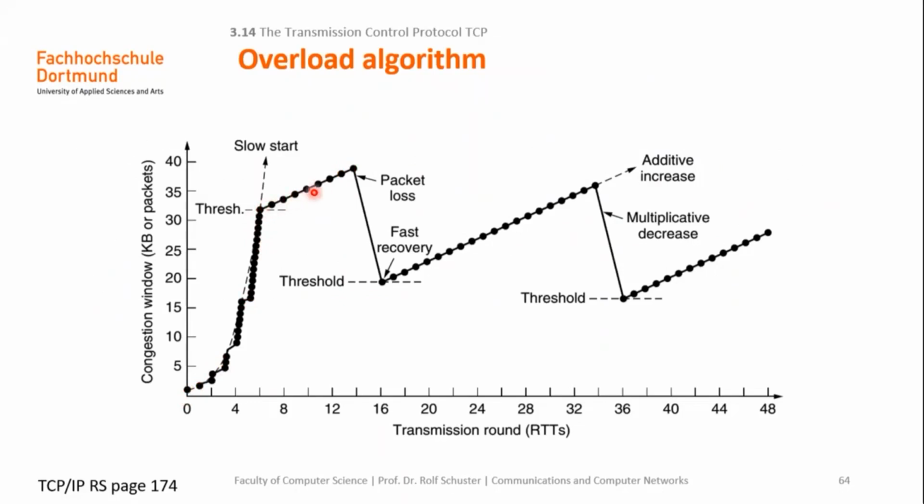We have the congestion avoidance phase here, and we detect a packet loss, but a single packet loss. That's why we receive dupacks, that is duplicate acknowledgements.